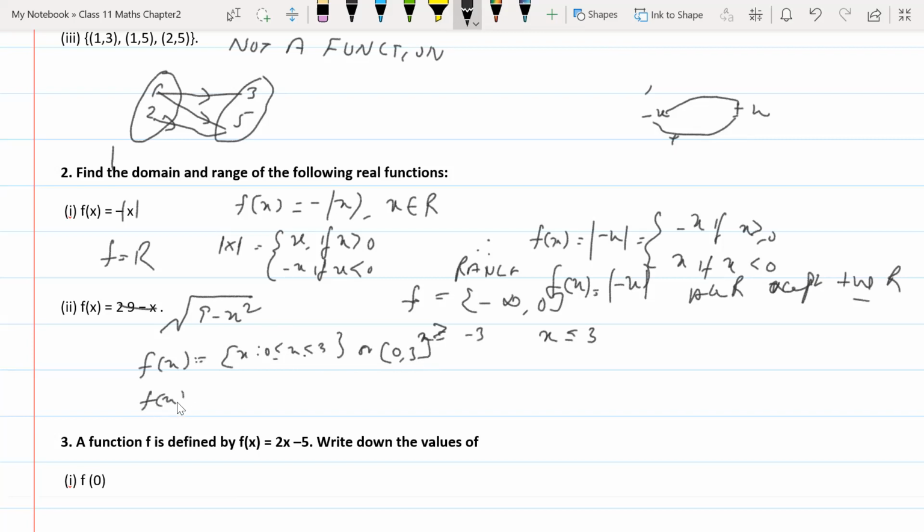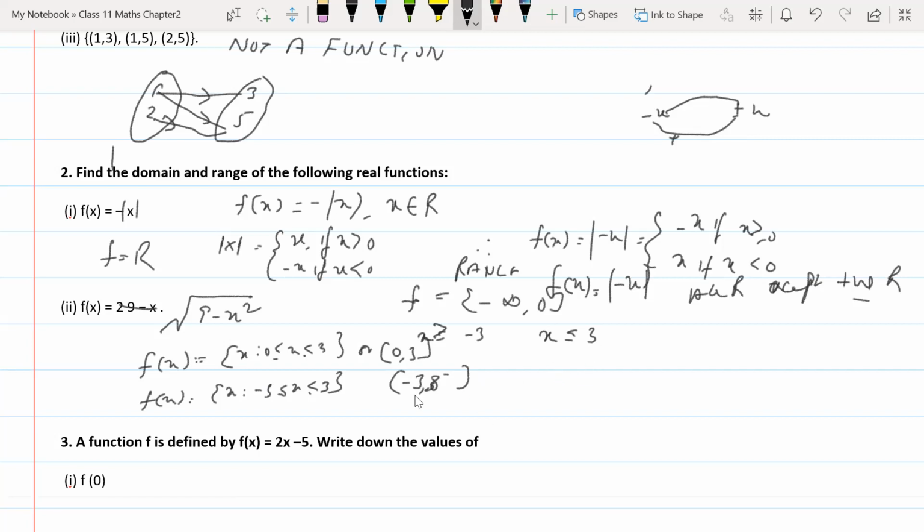And for the other case, x is such that minus 3 is less than or equal to x and x is less than or equal to 3, so the range is minus 3 to 3. So that's all about the solution for this.